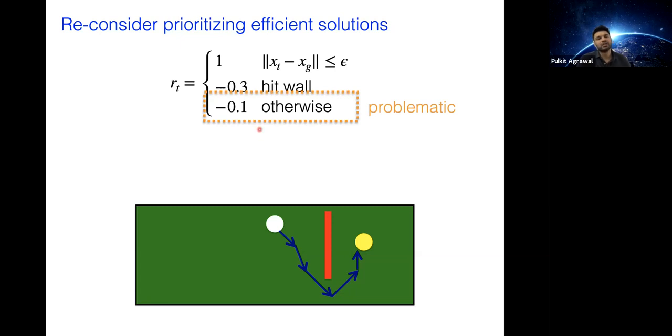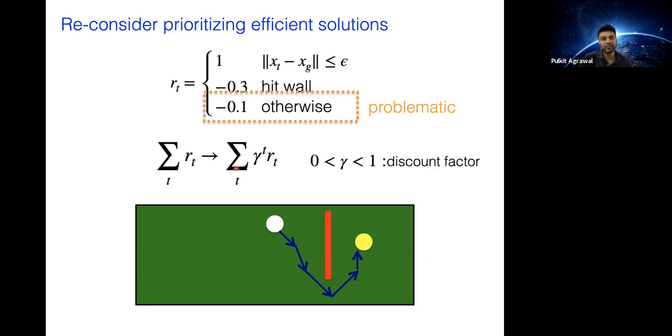So maybe in order to incentivize my agent to solve the task more efficiently, instead of giving a penalty of minus 0.1, I could use the idea of discounting, which we have seen before.